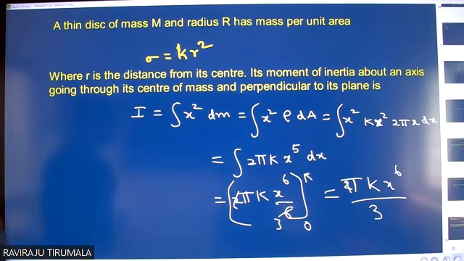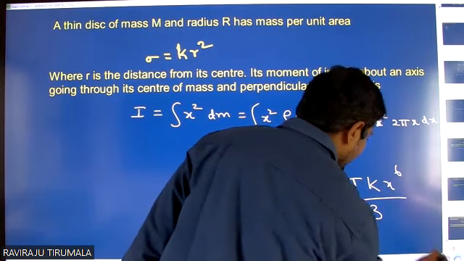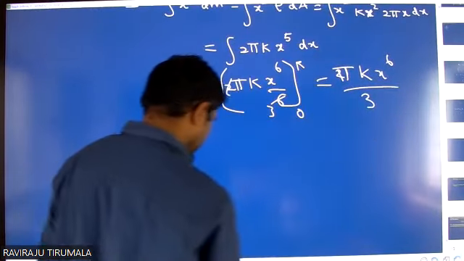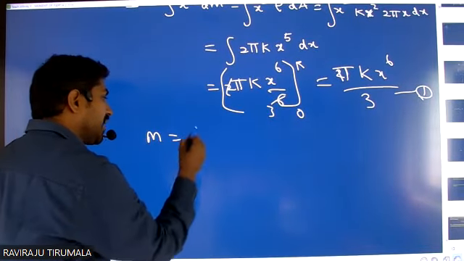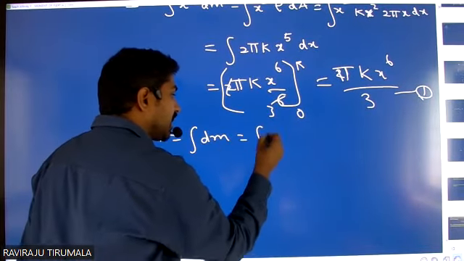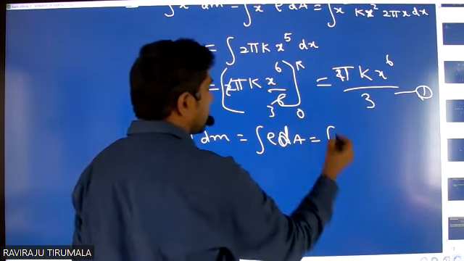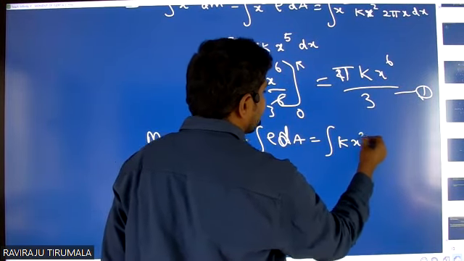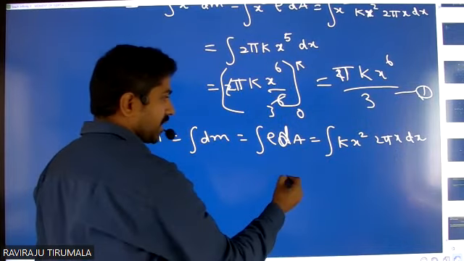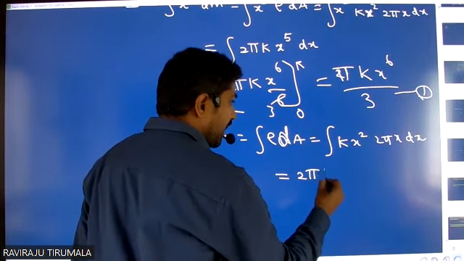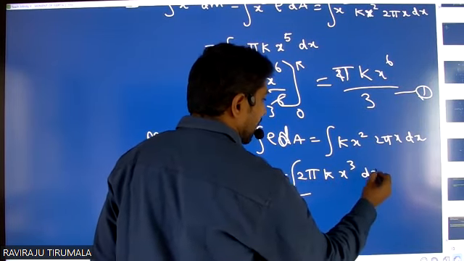moment of inertia. But most of the times you have to write it in terms of the total mass also. So now you can calculate the dm value. Let me consider this as equation 1. What is the mass value? Integral dm, integral rho dA. What is the density given? Of course, kx² into 2 pi x dx is the value for dA. This will be 2 pi k integral x³ dx.